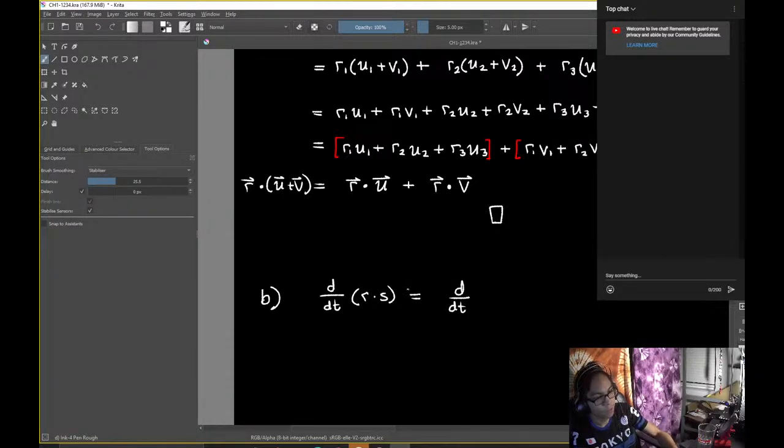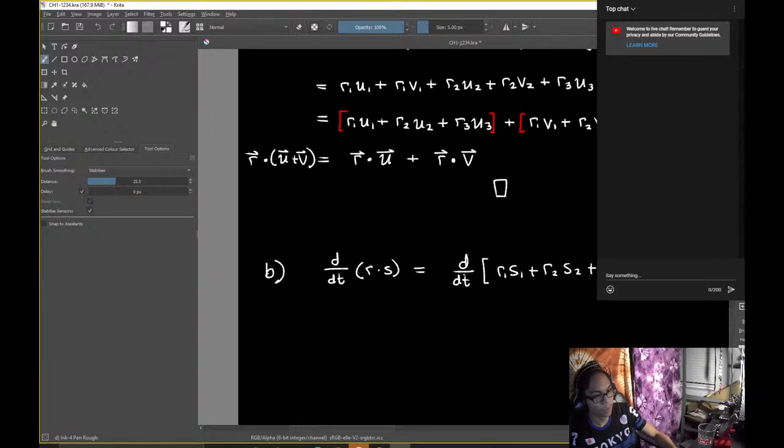d/dt of r dot s is basically saying r1 s1 plus r2 s2 plus r3 s3. Good. Now I pretty much apply the derivative of each of these.